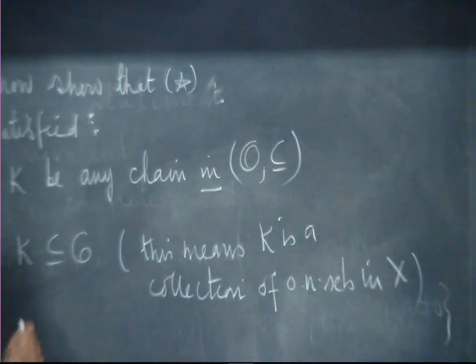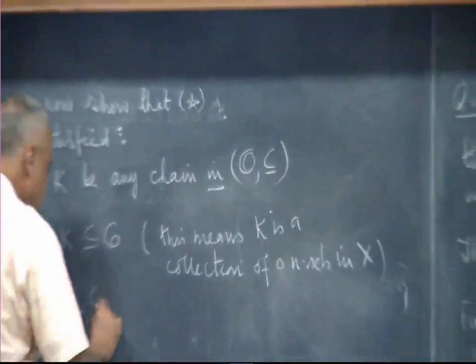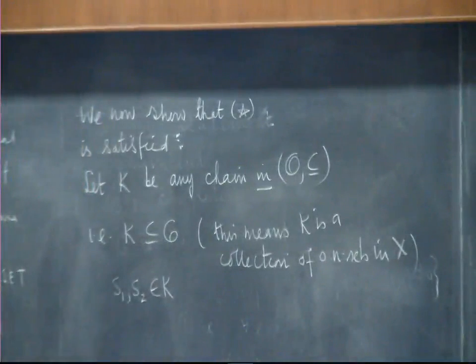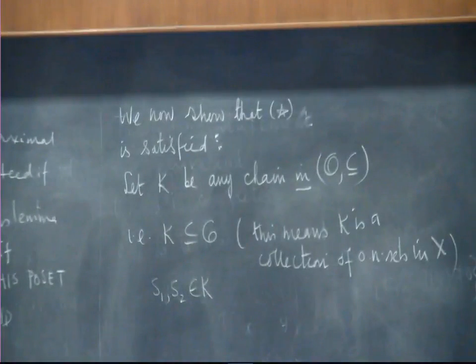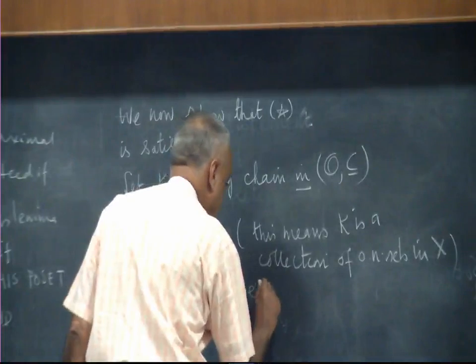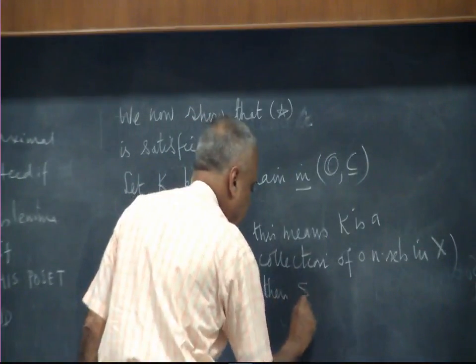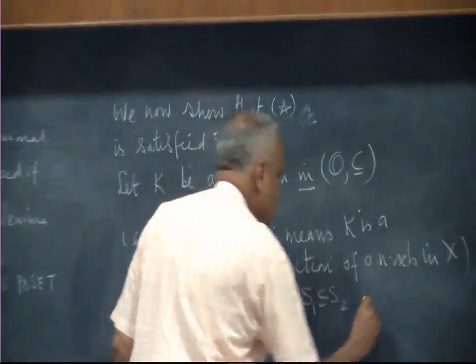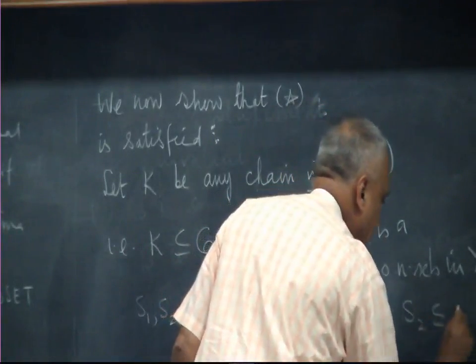Chain means what? Chain means if S1 and S2 are elements of K. What are elements of K? Elements of K are themselves orthonormal sets. So, S1 is an orthonormal set, S2 is an orthonormal set, then either S1 is contained in S2 or S2 is contained in S1.